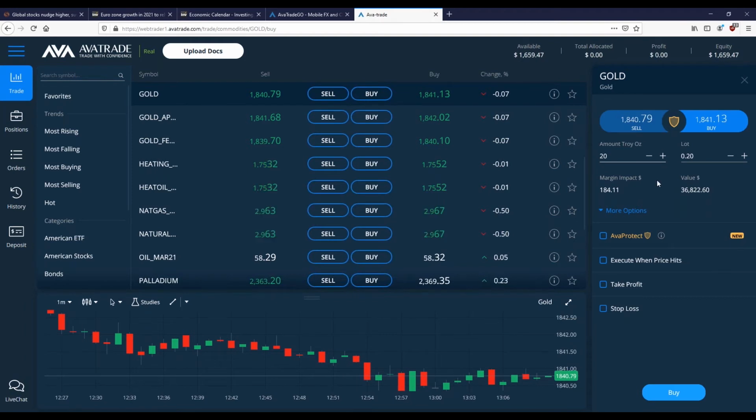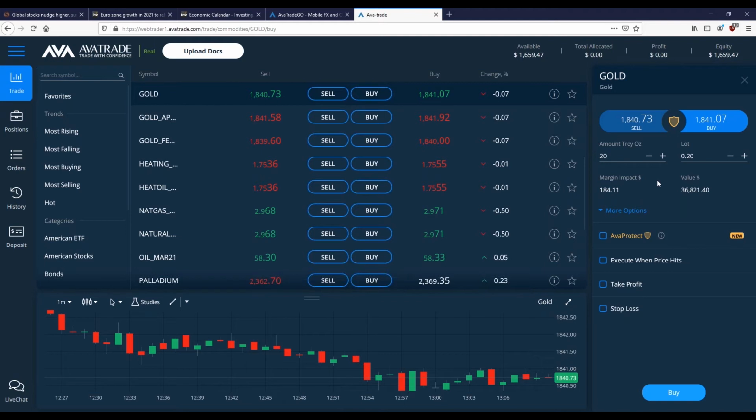Let's see, I see a question. The difference between MT4 and MT5 is very little. It is a different programming language, which is the biggest difference. So the functionality of MetaTrader 4 and MetaTrader 5 is 99.9% the same. If you were using a custom indicator or a trading robot that was programmed for the MetaTrader 4 platform, it will not function on MetaTrader 5, because MT5 uses a different programming language compared to MT4.